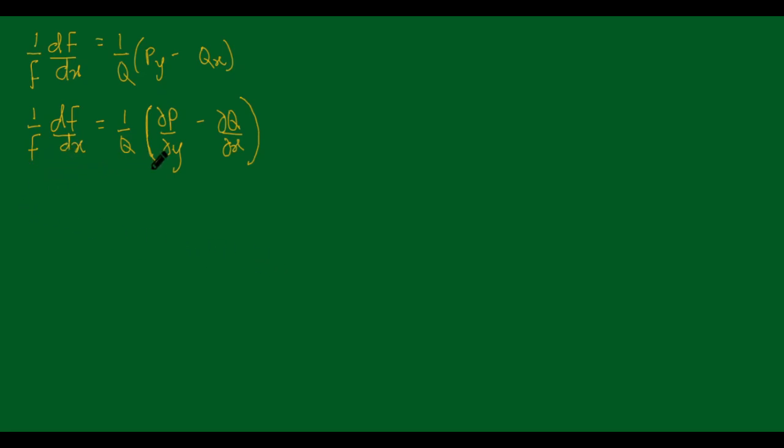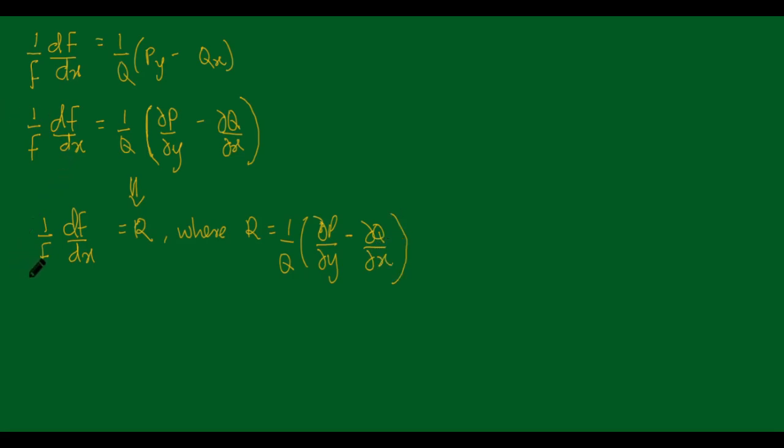And this can be rewritten as 1 over f df/dx to be equal to r, where r is equal to 1 over q dp/dy minus dq/dx. Now, we recall that the original equation was p dx plus q dy equal to 0.